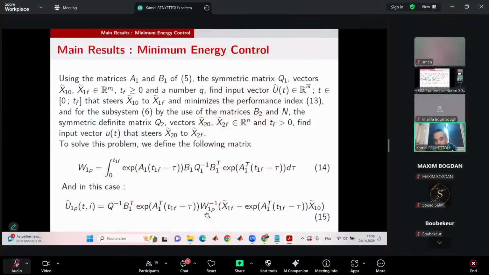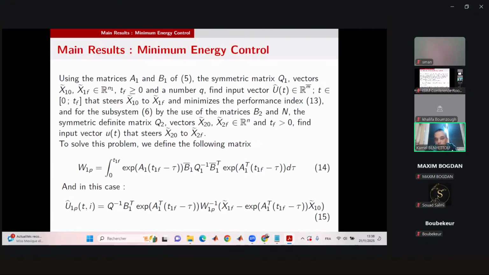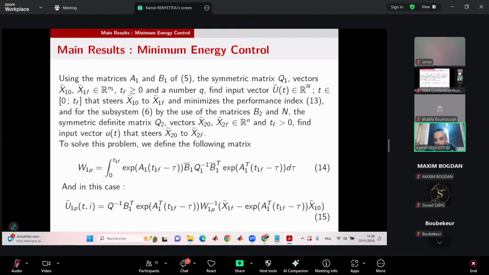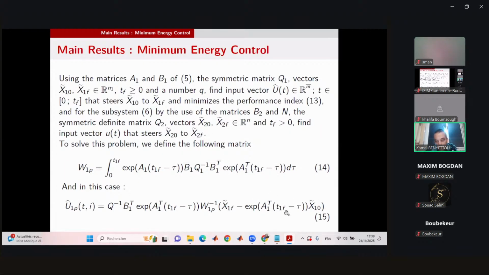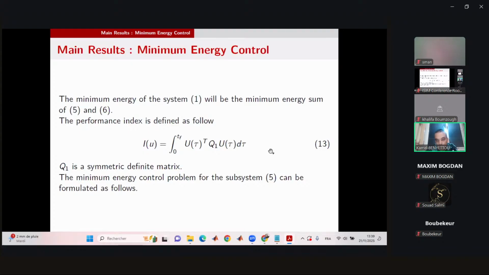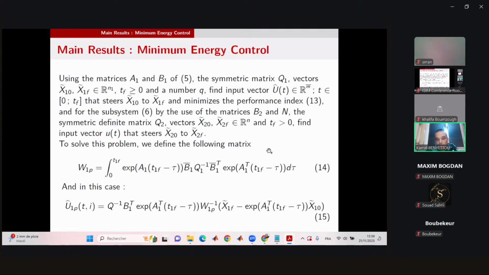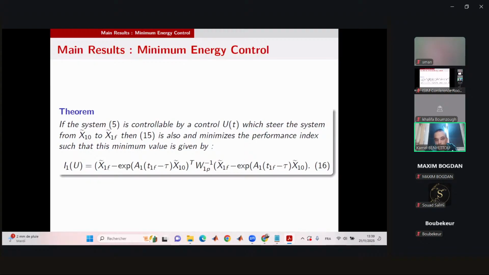For this reason, we have assumed that these two Gramian matrices associated to our subsystem are invertible, to help us calculate the optimal vector, the optimal command. And if we use this formula in formula 13, we can conclude that the minimum value, the optimal value of our performance index, is given by formula 16.